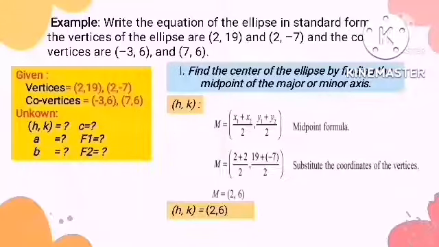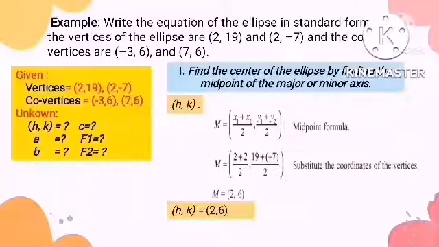So to find the h, k, we will use the midpoint formula, which is m equals (x1 plus x2) over 2, (y1 plus y2) over 2. Based on the values of the vertices in the left side, we will substitute them into the midpoint formula.